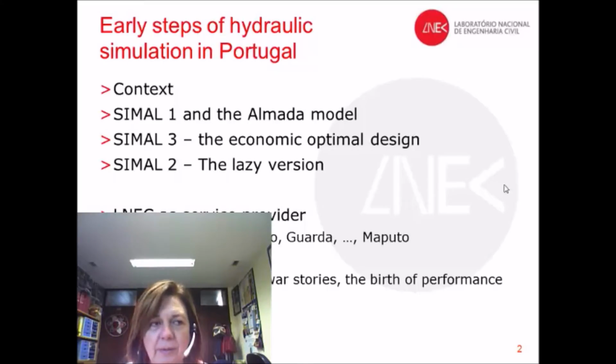And how does this lazy version work? Jaime and my assistants ended up building it in Fortran code, and we built together the Simal2, which basically worked as follows. It started with an initial solution that assumed that all the diameters were alike, for instance, 100 millimeters or 200 or whatever.